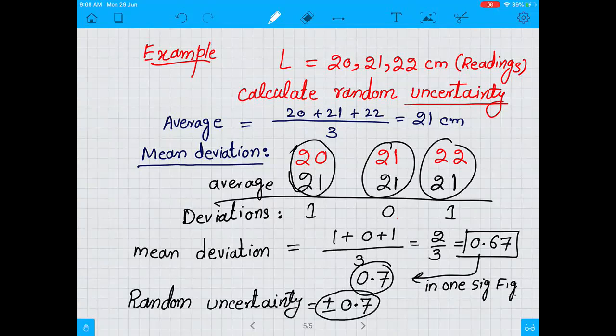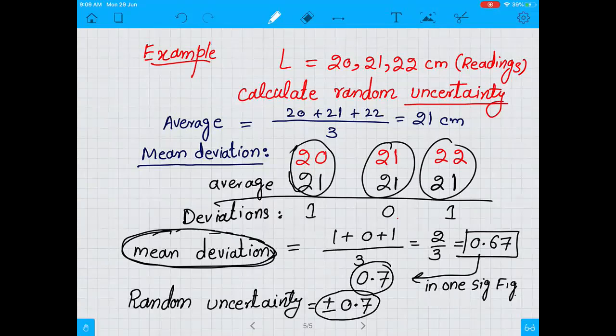Then calculate the average of deviations, that is called the mean deviation. And then round the mean deviation up to one significant figure. Mean deviation written up to one significant figure with plus minus sign will represent the random uncertainty. This was calculating random uncertainty in a reading.